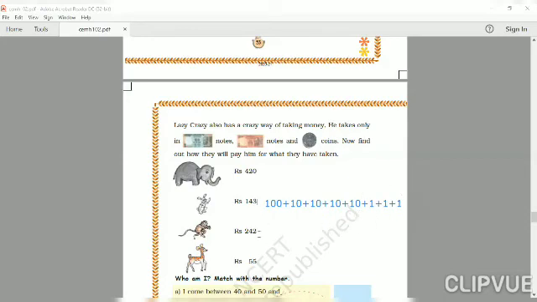Now talking about 243. Again we will start this. Okay, यहीं पे हम solve करते हैं. 3 is on ones place, तो हम 1 को 3 बार ऐड करेंगे. Then talking about 4 is on tens place, तो we need to add 10 for 4 times. आप 4 times 10 को ऐड करोगे.